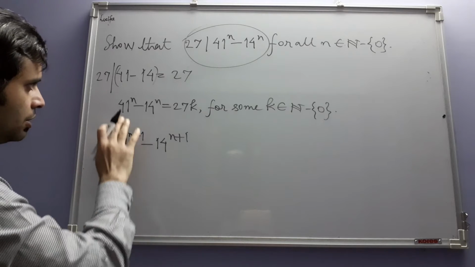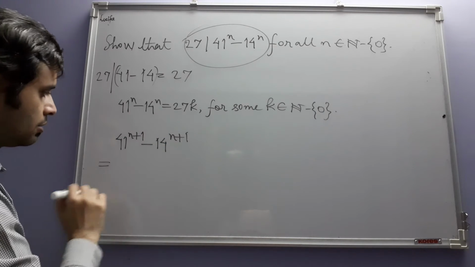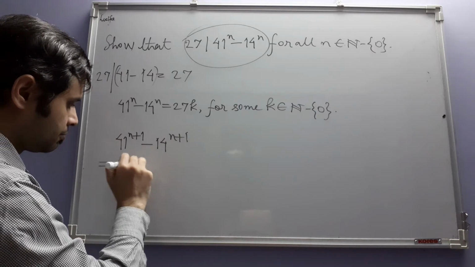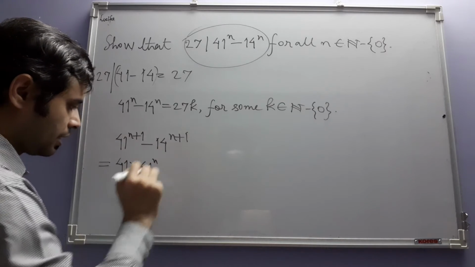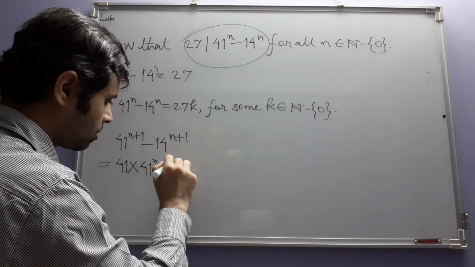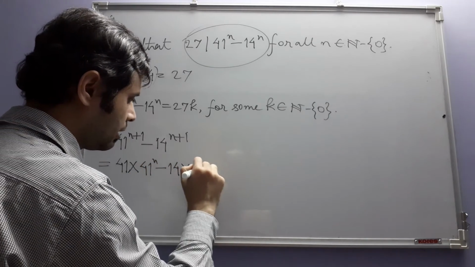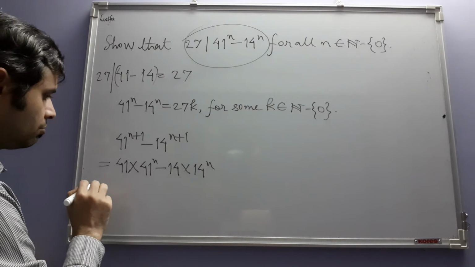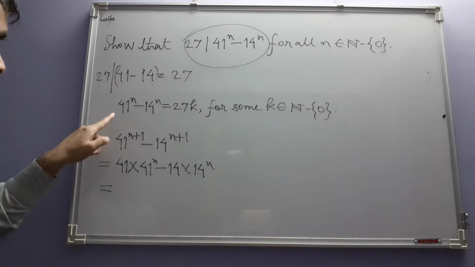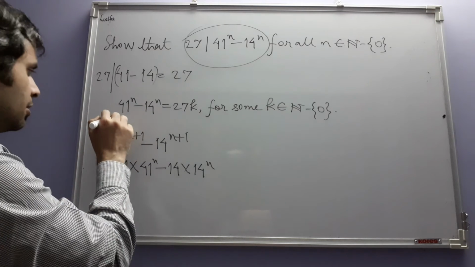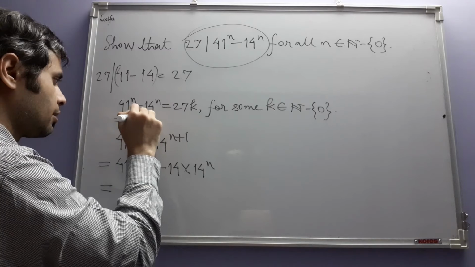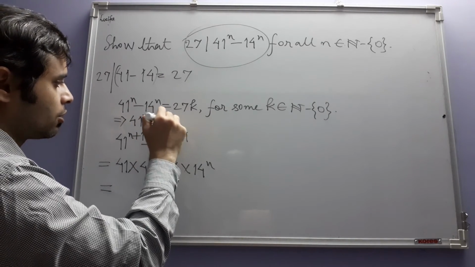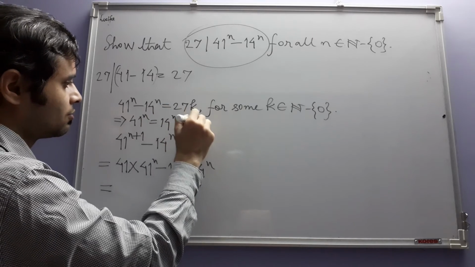Here also we see that we don't immediately have this expression, but we can write it as 41 times 41 to the power n minus 14 times 14 to the power n. So although we don't have this minus this, but from here we do have an expression for 41 to the power n, which is 14 to the power n plus 27k.